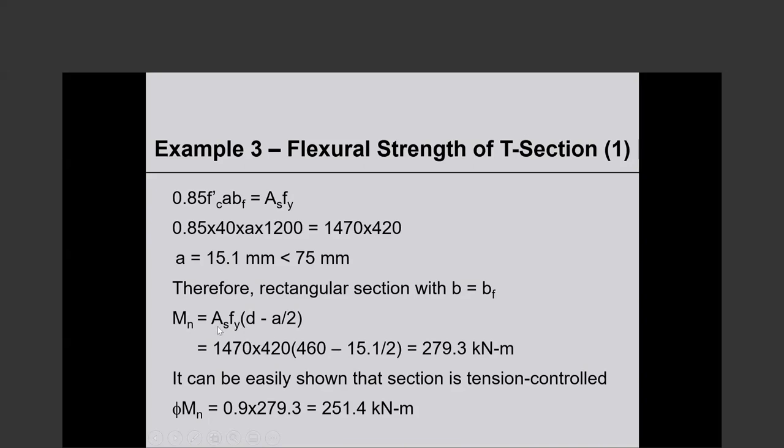Tensile steel force is 1470 square millimeters times 420 MPa multiplied by D is 460, which was given in the problem statement, minus the calculated value of A, 15.1 millimeters, divided by 2. That comes to 279.3 kilonewton meters.